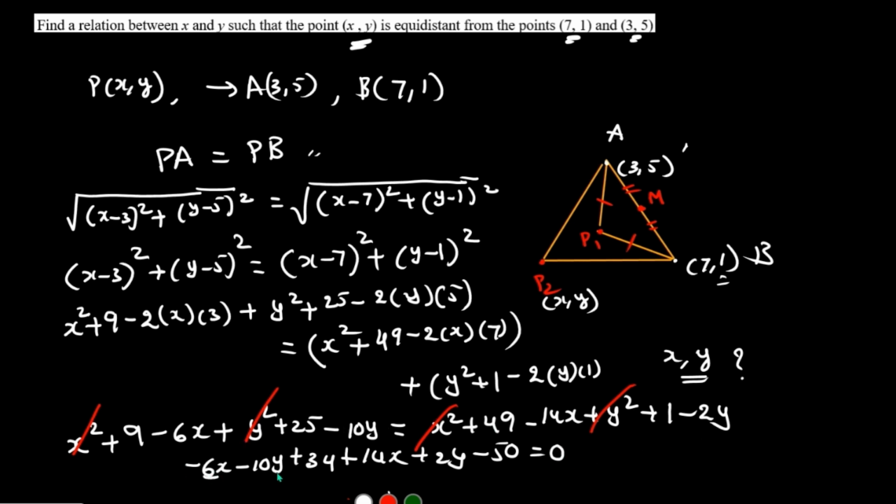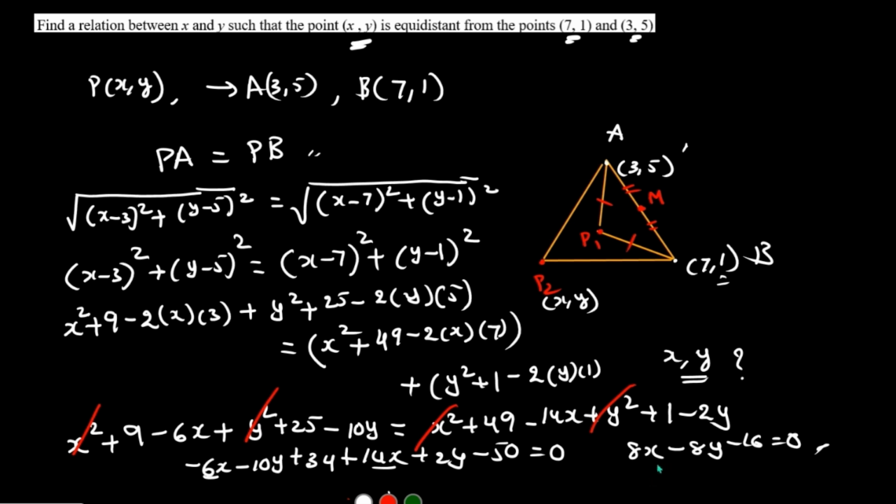Here 6x and 14x, so 14 minus 6 is 8, right? 8x, y is minus 10y plus 2y, minus 8y, right? And the constant, 34 minus 50, is minus 16, equal to 0.